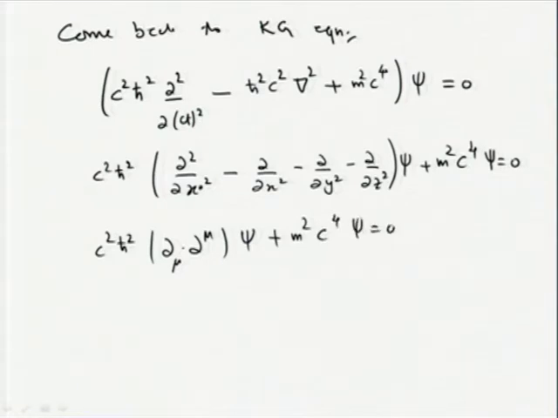psi equal to 0. Now, we will work in units of c square equal to h cross square equal to 1. We will work in a unit system where h cross equal to 1, c equal to 1.